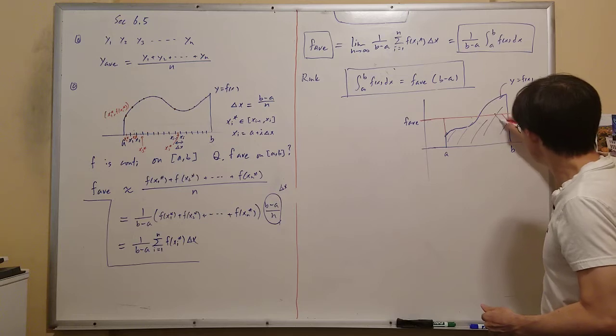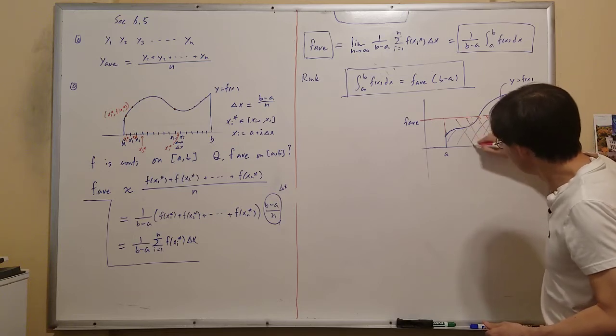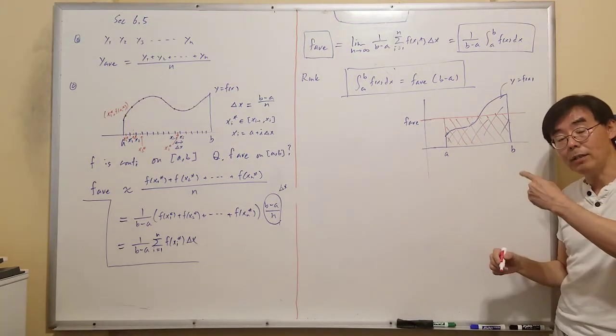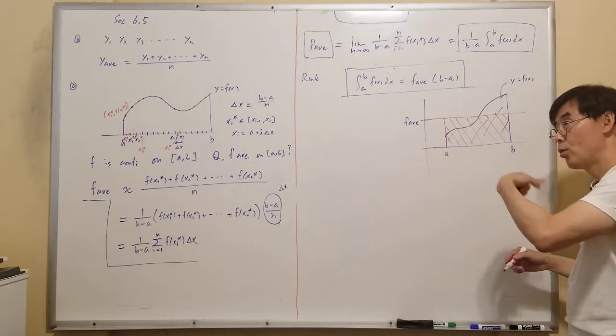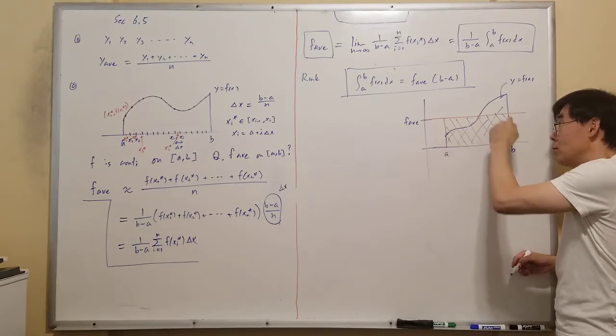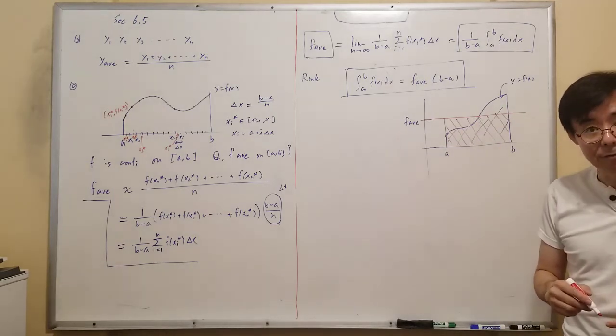So that means the average value of the function is the height of the rectangle whose area from a to b is the same as the area of the region under the graph of f of x.